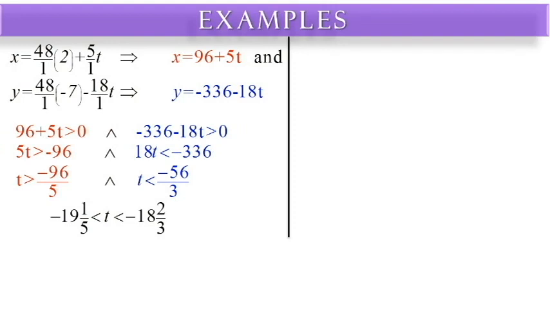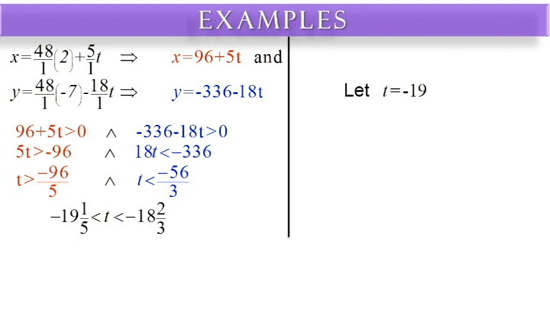So we have 5t is greater than negative 96 and 18t is less than negative 336. So we have t is greater than negative 96 over 5 or negative 19 and 1/5, and t is less than negative 56 over 3 or negative 18 and 2/3. So t is less than negative 18 and 2/3 but greater than negative 19 and 1/5.